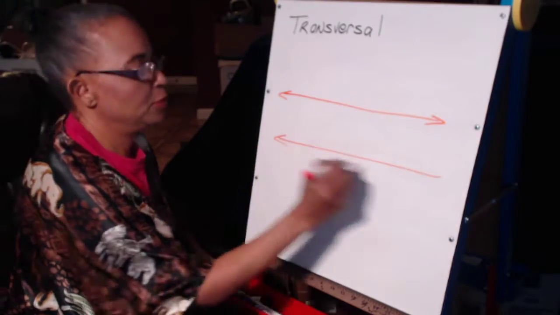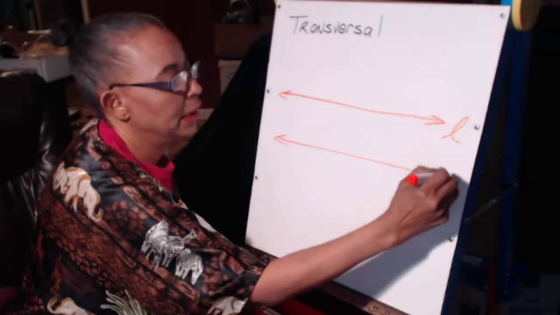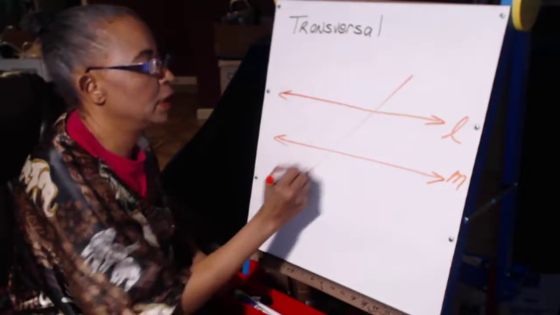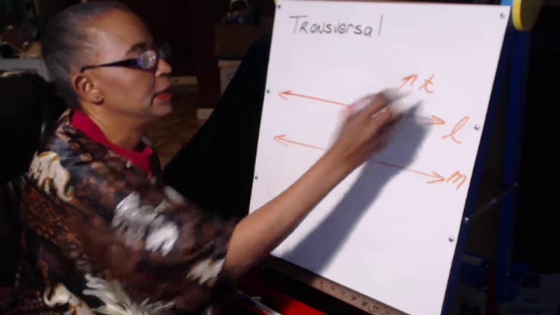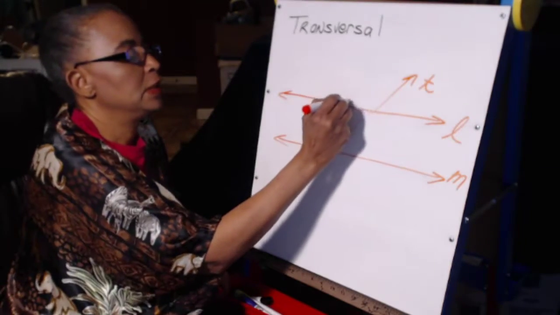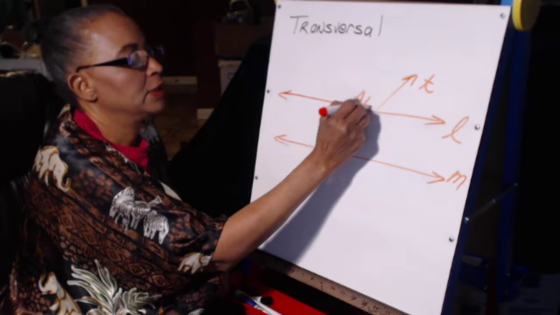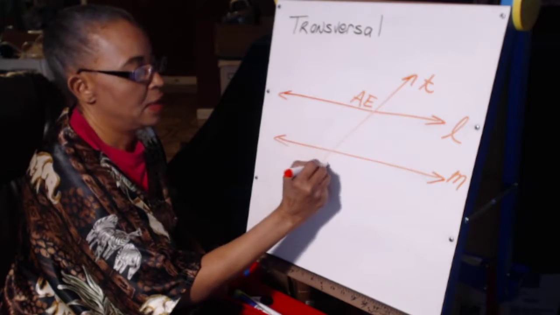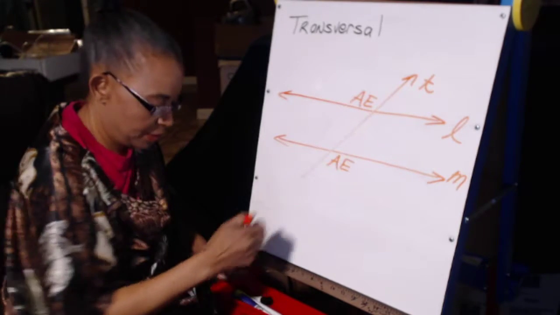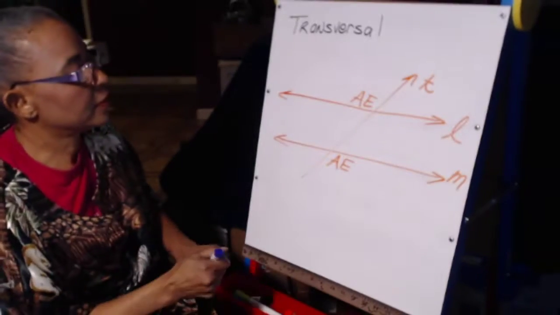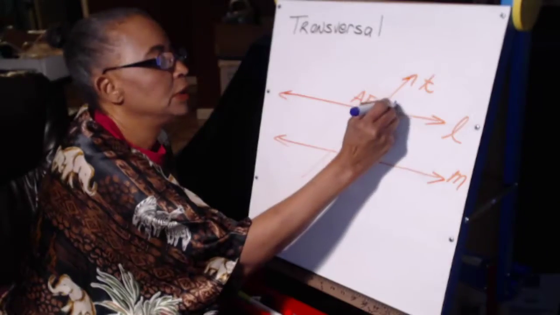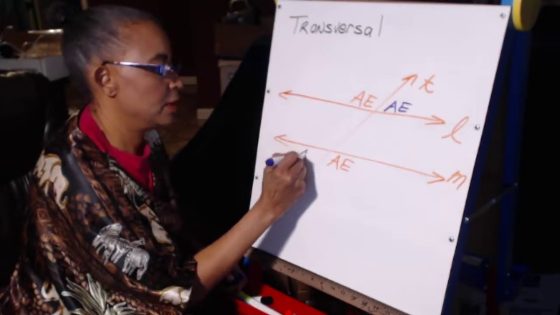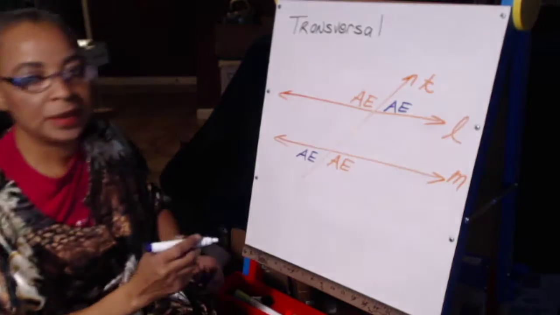Those are my two parallel lines, L and M, and we cut them with T. So this is alternate exterior, alternate exterior, alternate exterior, alternate exterior.